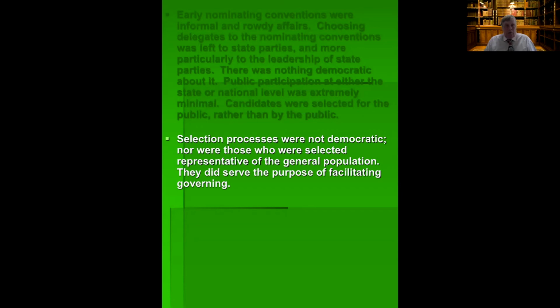In other words, because candidates were selected for the public rather than by the public, there was a detachment between the candidates and the publics. And the representatives were detached, if you will, from the public because they had been placed in office by elites at the state and local level.